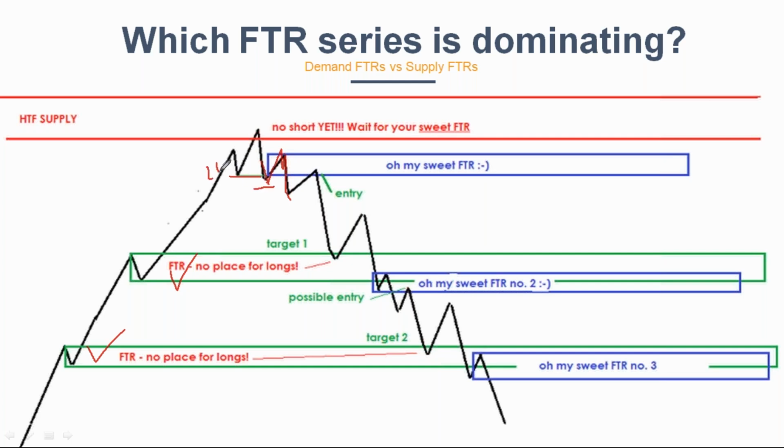So this is L1, this is L2. When that is formed, this is a supply FTR. And when we take an entry, in a long term trend, after a series of demand FTRs, one strong supply FTR is formed. That supply FTR can come and destroy all the demand FTRs.